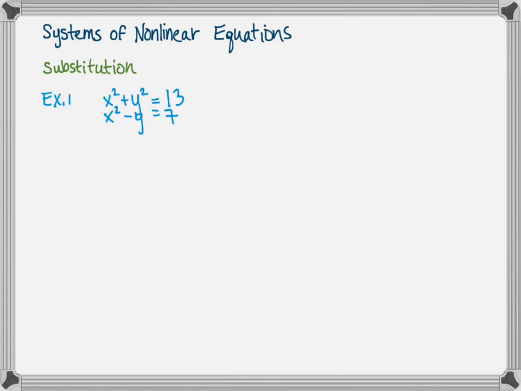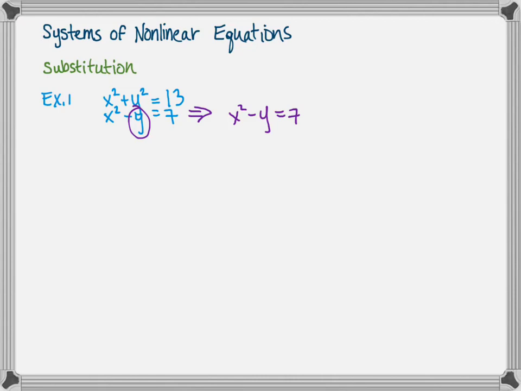For example, let's look at the system x squared plus y squared equals 13 and x squared minus y equals 7. So this second equation has a variable without a coefficient, so I'm going to solve the second equation for y.